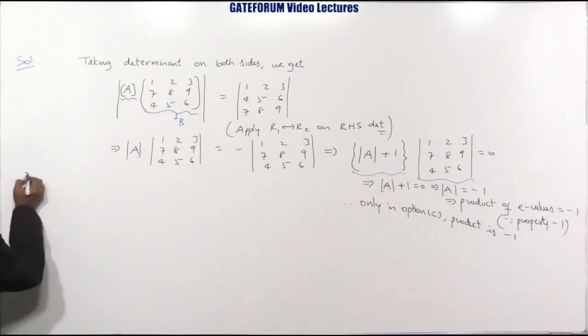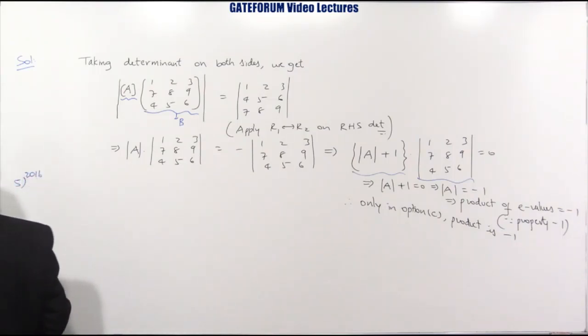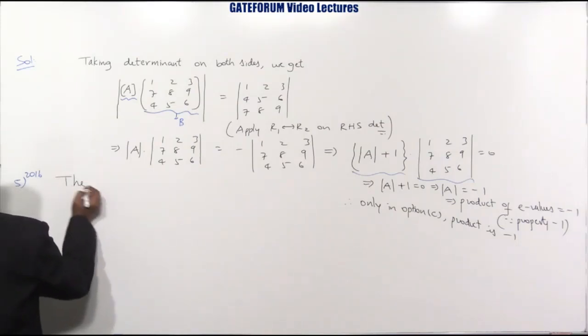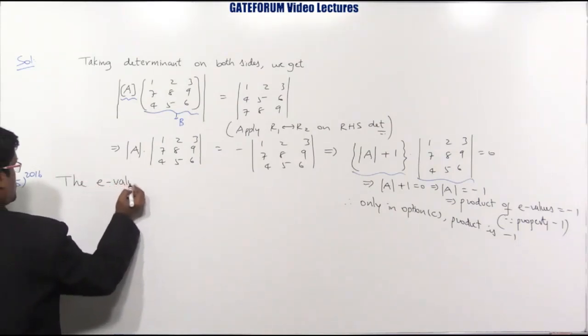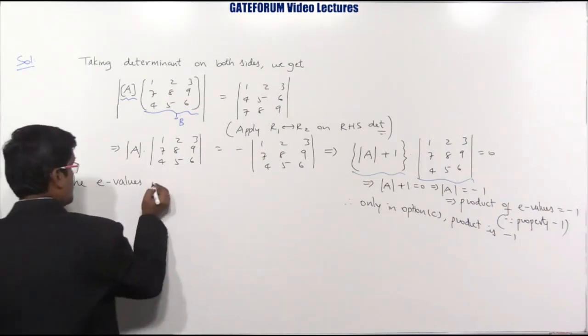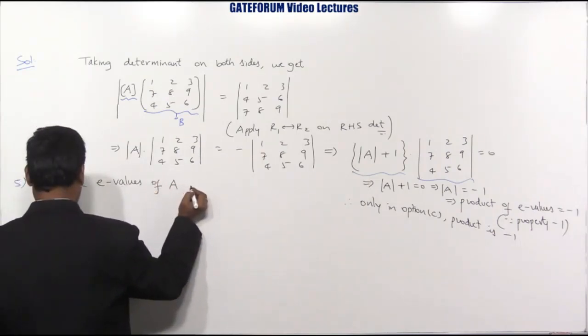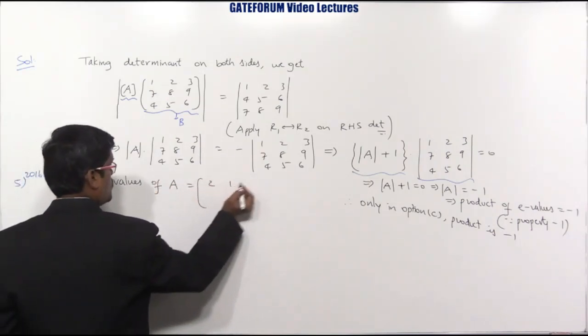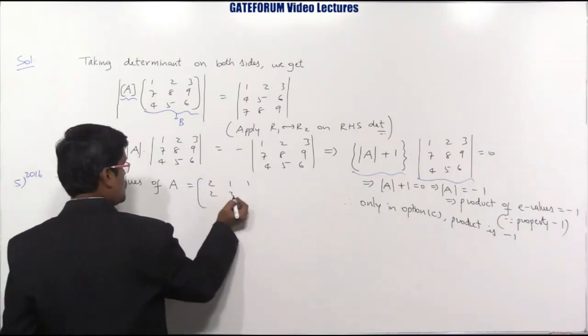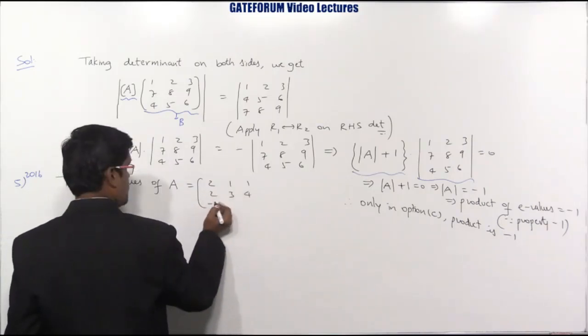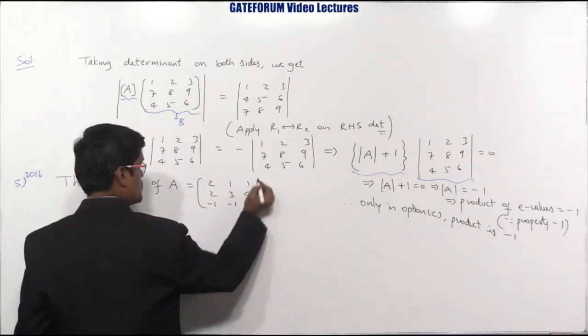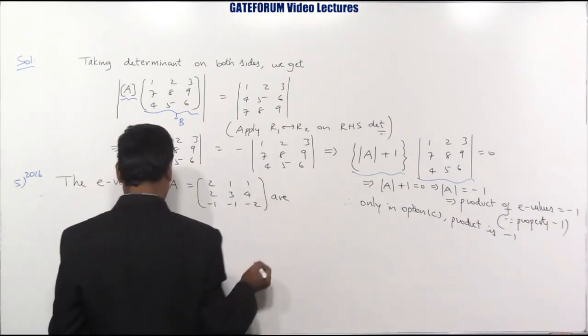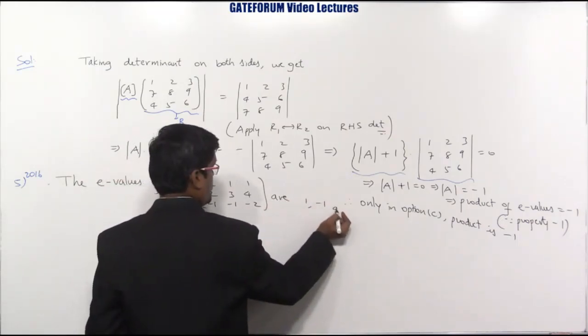Fifth one, this question is from 2016. The eigenvalues of A are 1, minus 1 and 3.